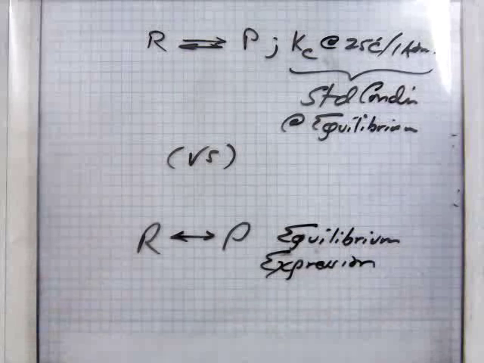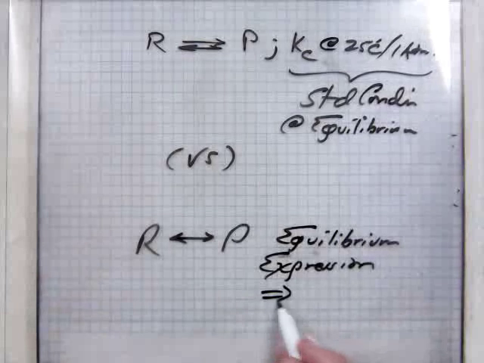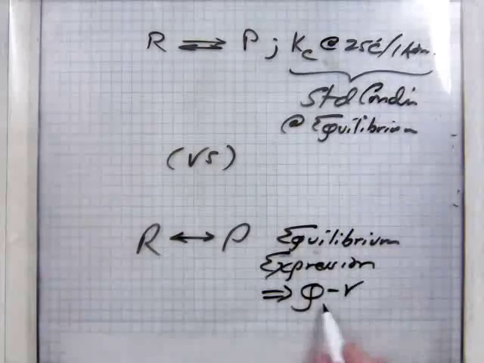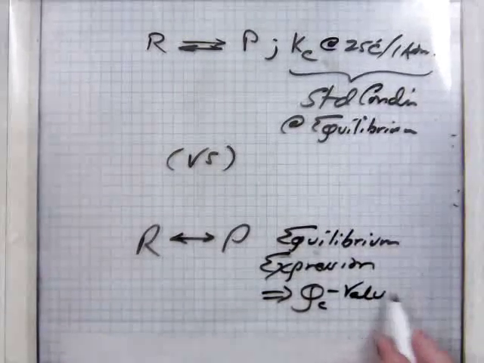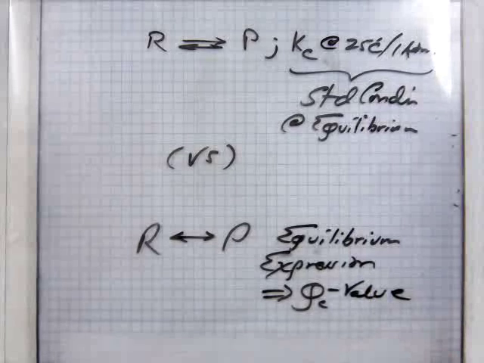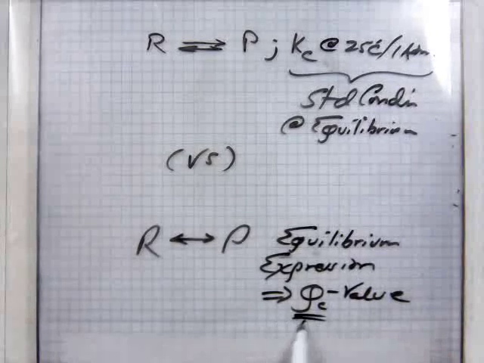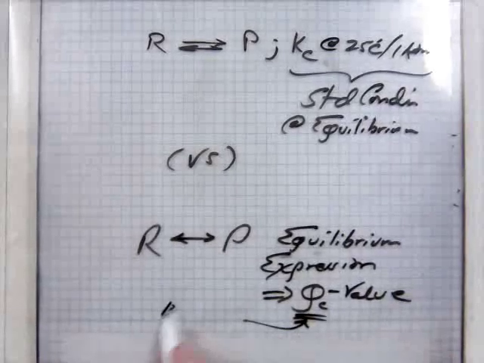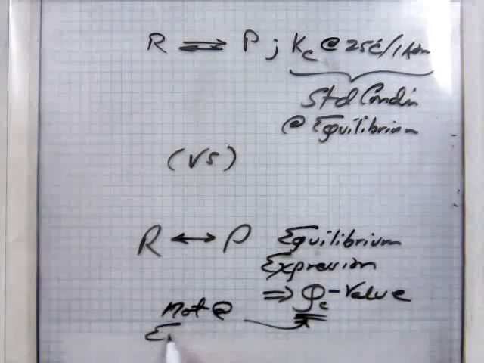It's called a Q value, QC value in this case. QC values mean you are not at equilibrium.